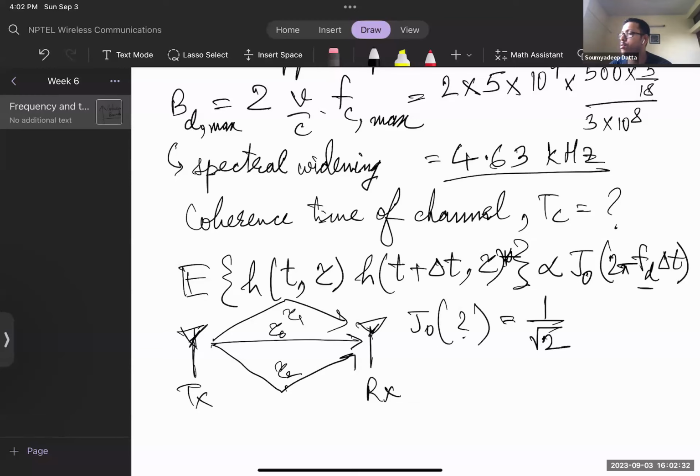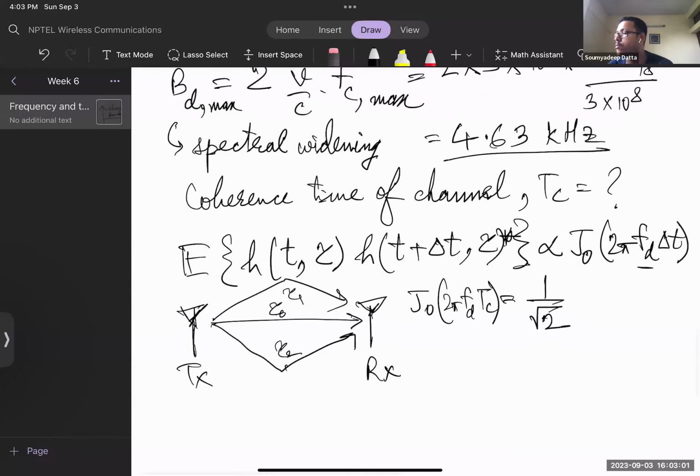This is a standard function, and there are tables for it. So essentially J naught of 2 pi FD TC equals 1 by root 2. This is the definition of coherence time: the coherence time is when the channel correlation falls to 1 by root 2.